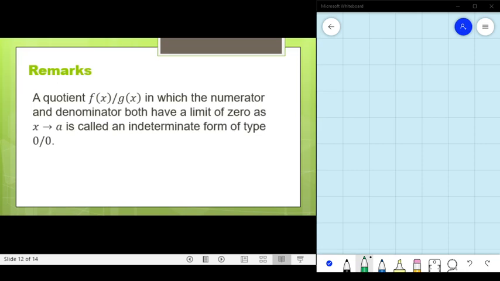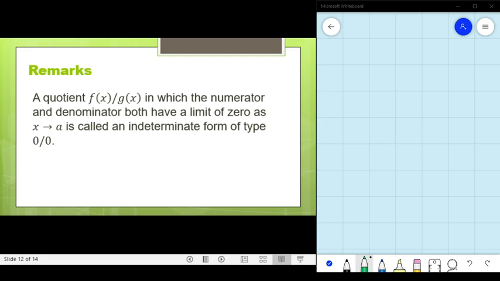So a quotient of f of x over g of x in which the numerator and denominator both have a limit of 0 as x approaches a is called an indeterminate form of type 0 over 0.